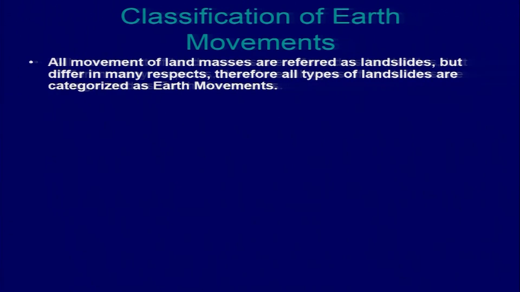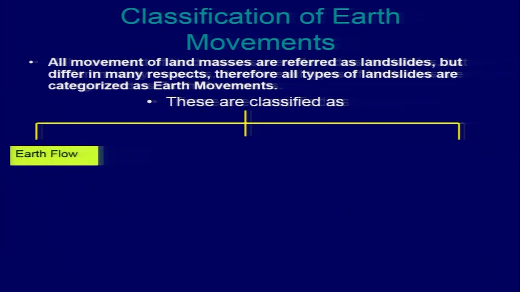Now, classification of earth movement, if we take, then all movements of land masses are referred to as landslides, but differ in many respects. Therefore, all types of landslides are categorized as earth movements. These are classified as, one, earth flow, where we have solifluction, creeping, rapid flows.